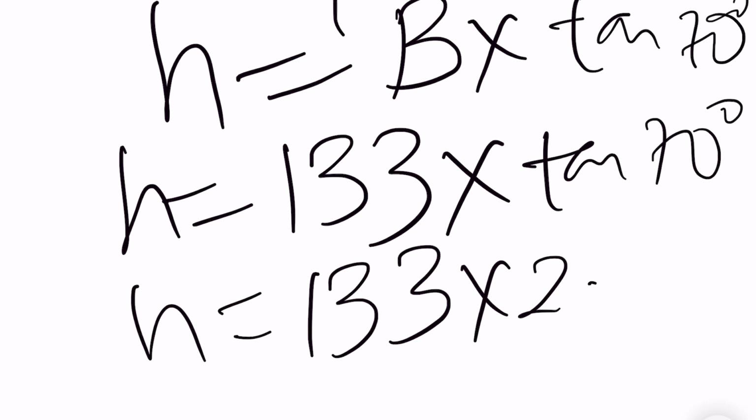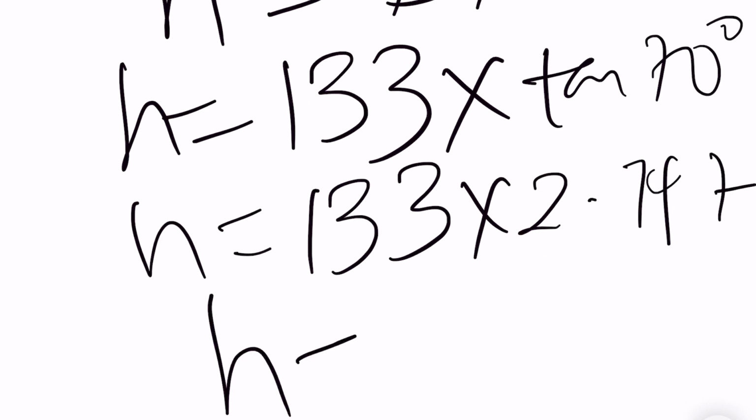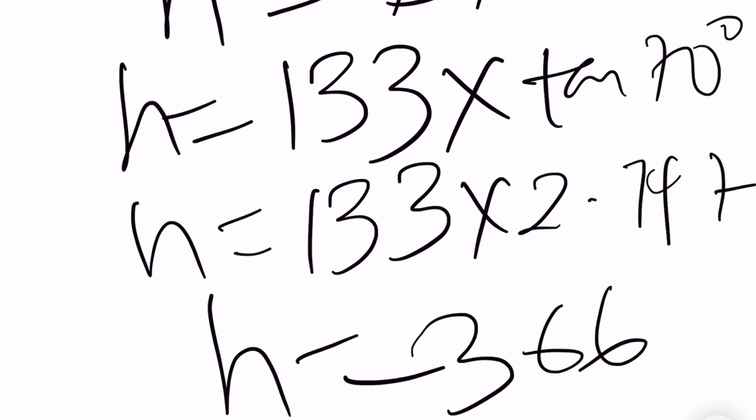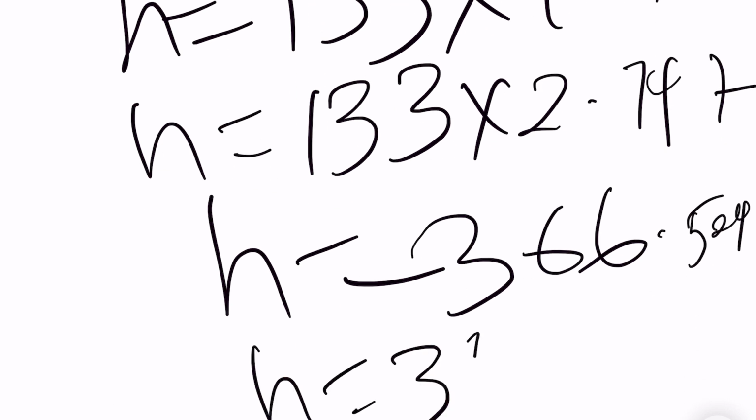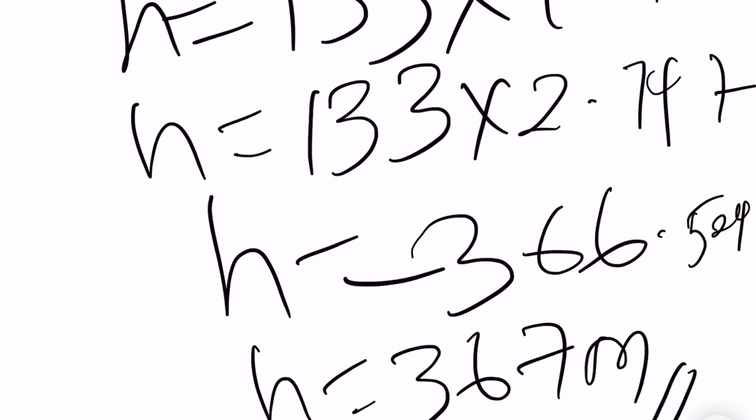So we have 133 times 2.747, and our height here will give us 366.524. So we have our h to be 367 meters. We have our height to be 367 meters.